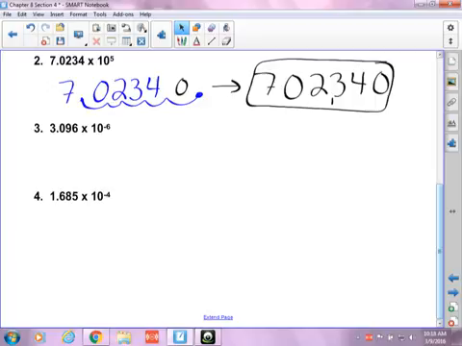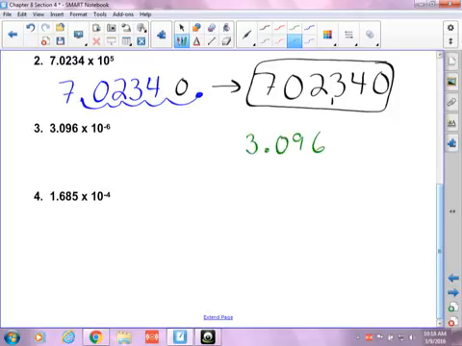All right, let's take a look at this one. Now it's got a negative exponent, so what am I going to do? I'm going to go to the left. Okay, so 3.096. Here's my decimal, so I'm going to move it 1, 2, 3, 4, 5, 6. What am I going to do with those spots? I'm going to put zeros in. 1, 2, 3, 4, 5 zeros, right?